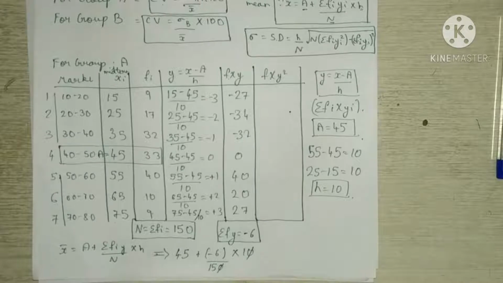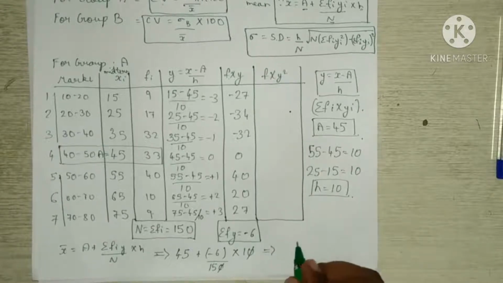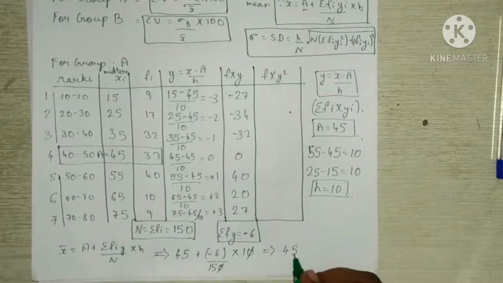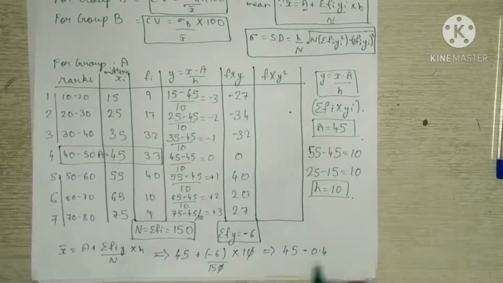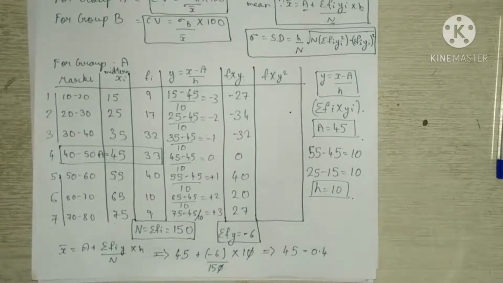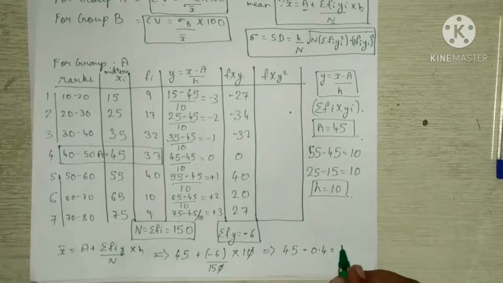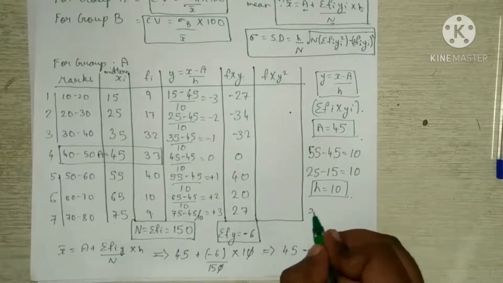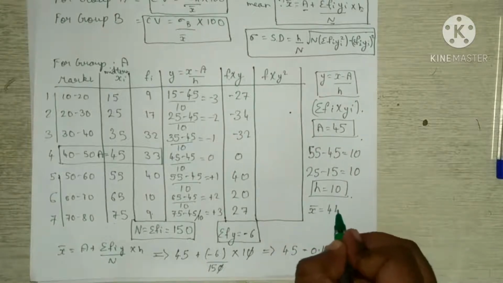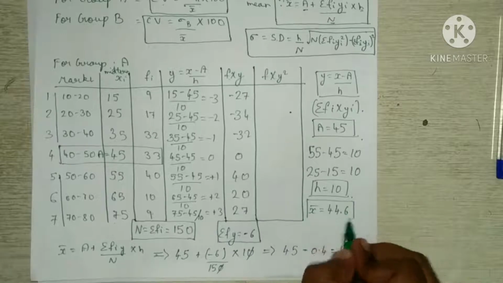Now you will get 45 minus 0.4, which is nothing but 44.6. Okay, x bar is equal to 44.6. You got the mean.